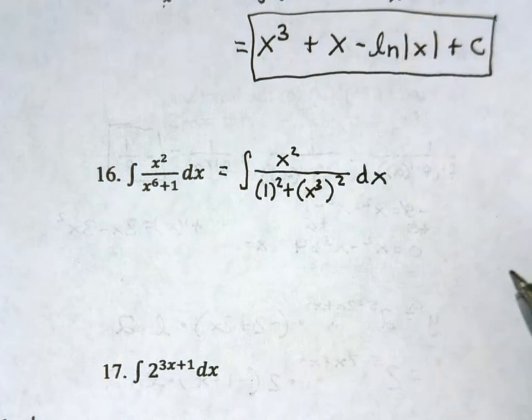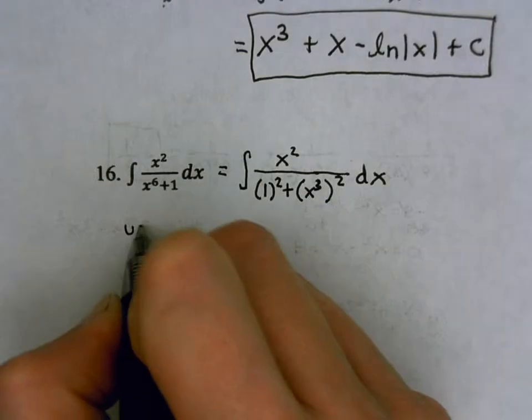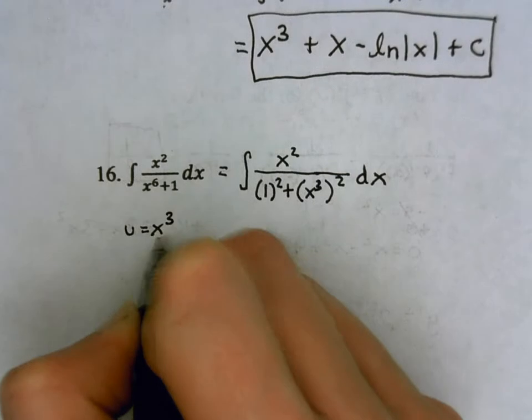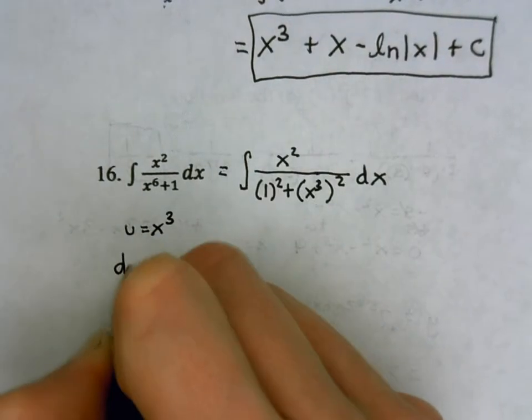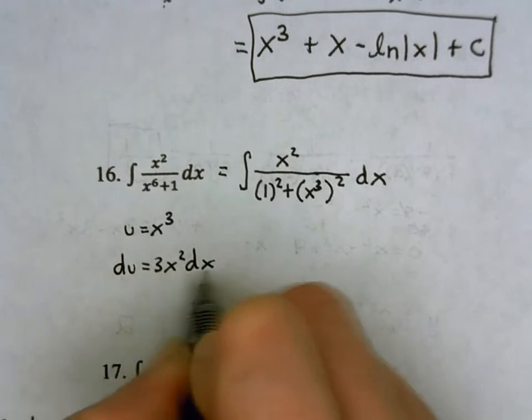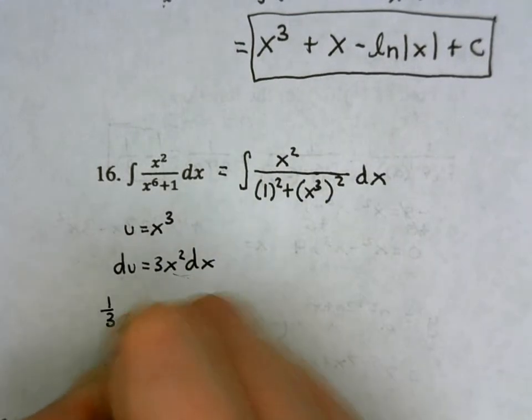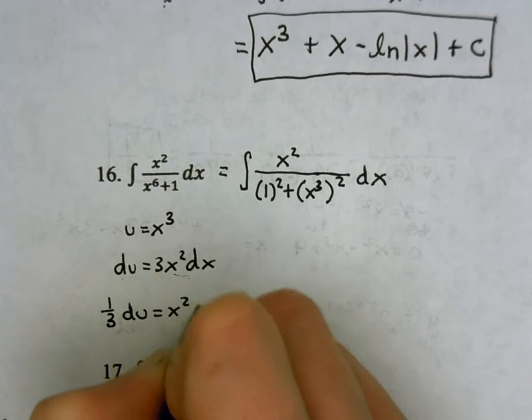Okay, but just like before, there's something in there with that x, so we have to do a u du substitution. So u is x³, means du is 3x² dx, so there's the x² dx. So let's go ahead and divide that 3 over: 1/3 du equals x² dx.